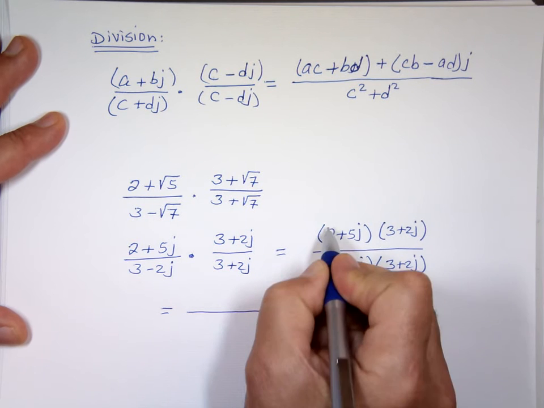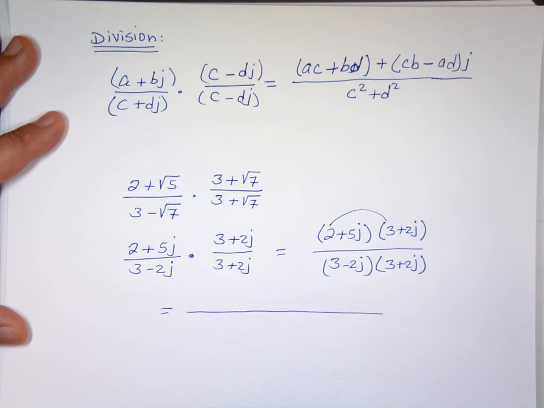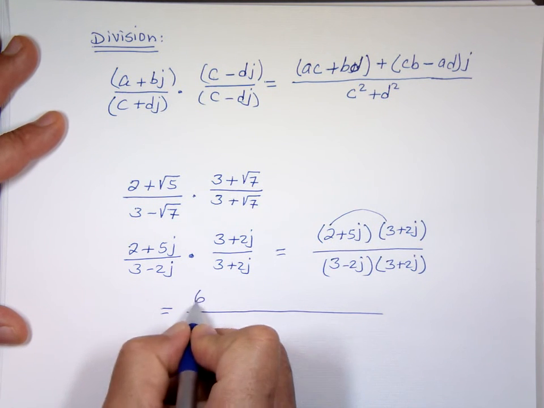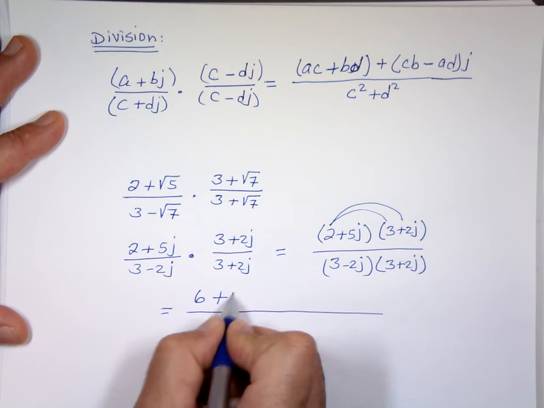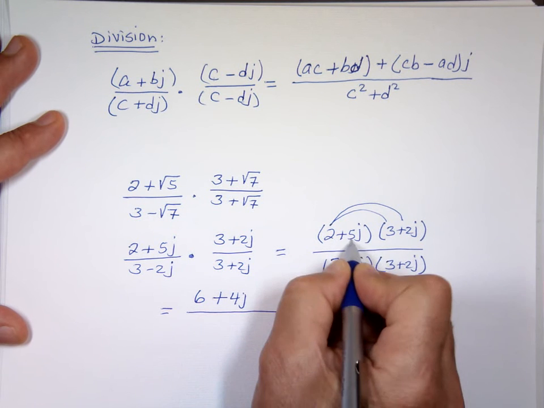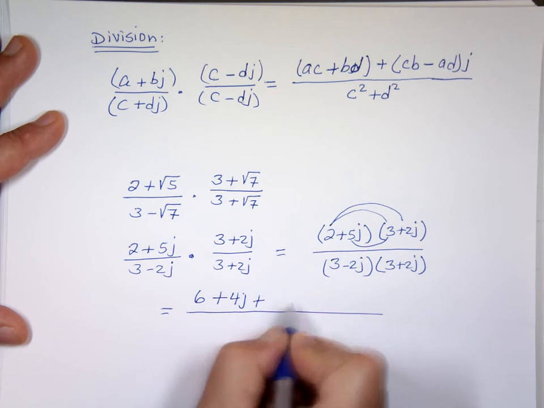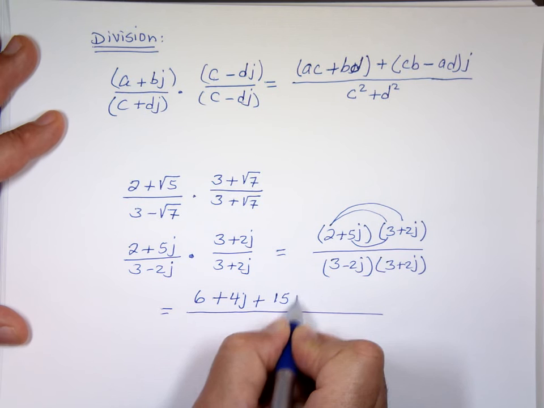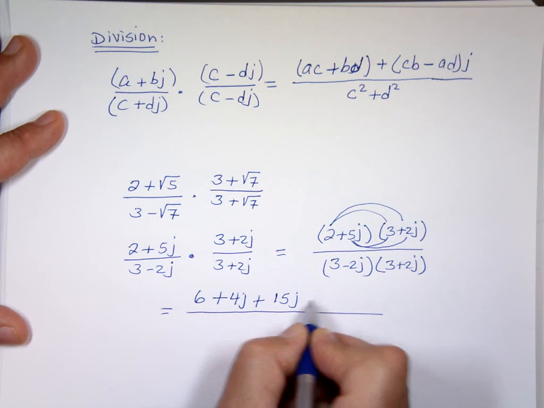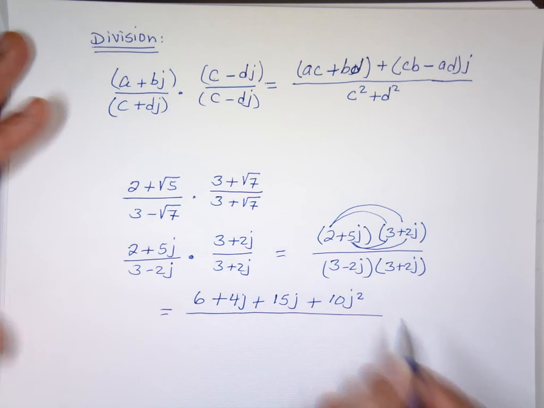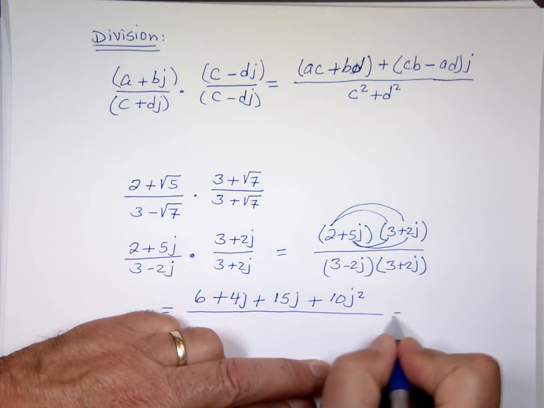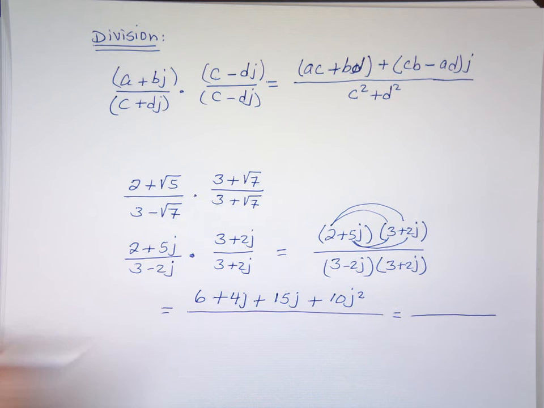What's 2 times 3? 6 plus what? 4j plus what? 15j plus 10j squared.